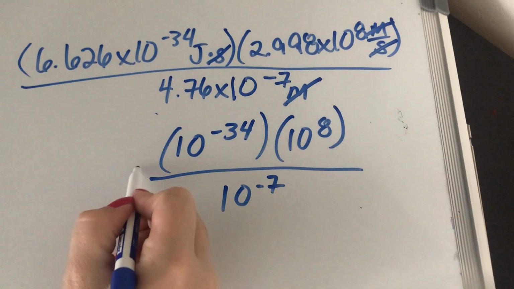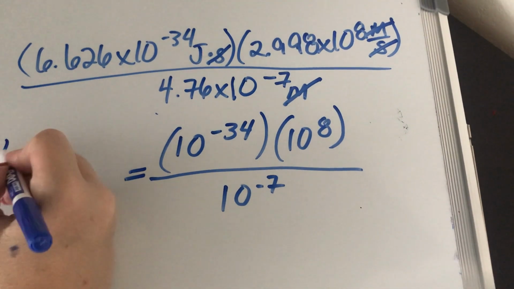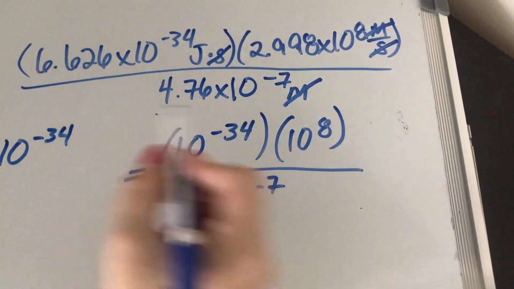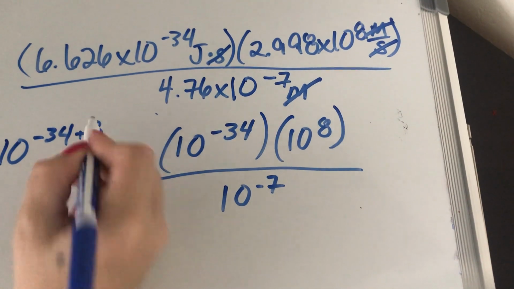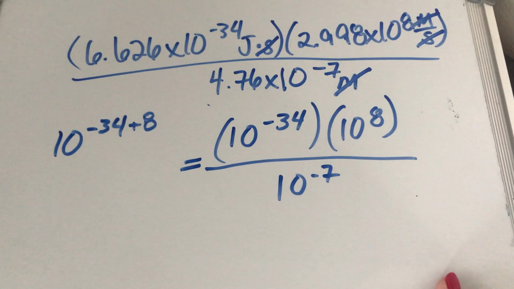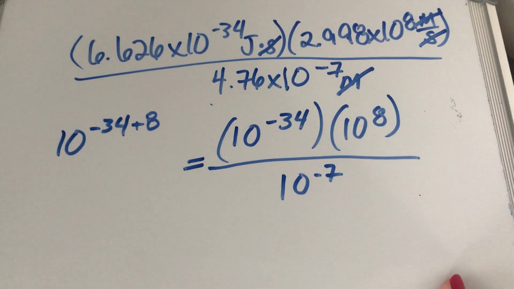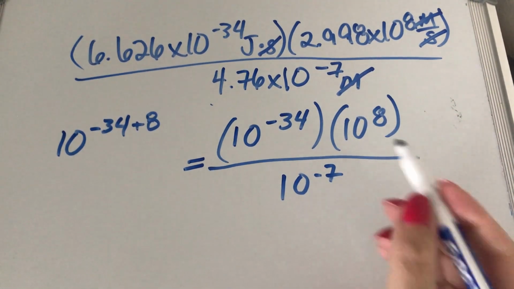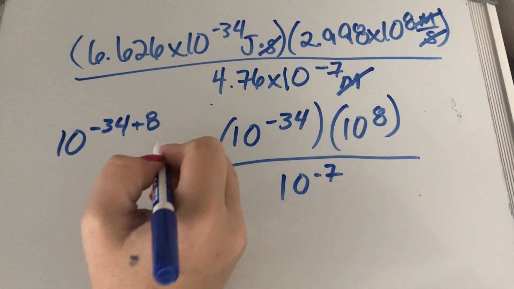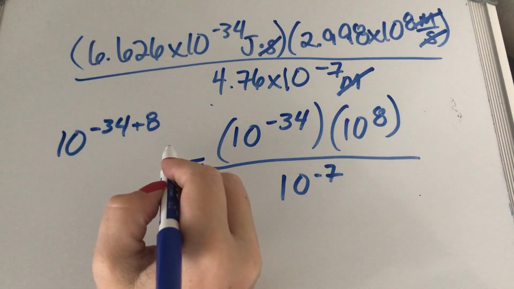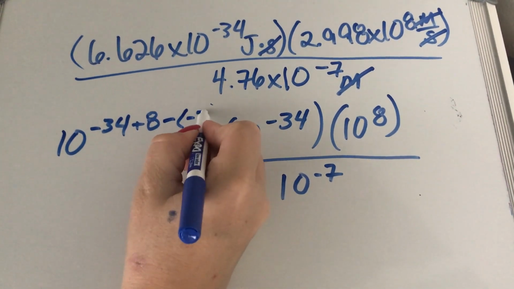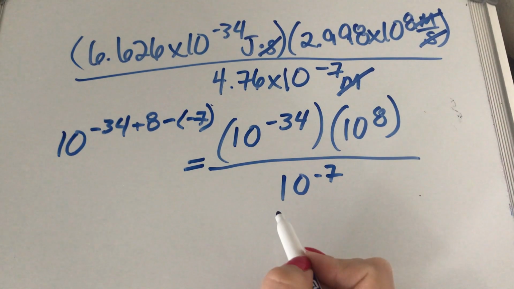So when we combine this, we're going to have 10 to the minus 34 plus 8. Sorry. Negative 26. I'm going to do them all in one line because I'm lazy. And then minus 7, right?